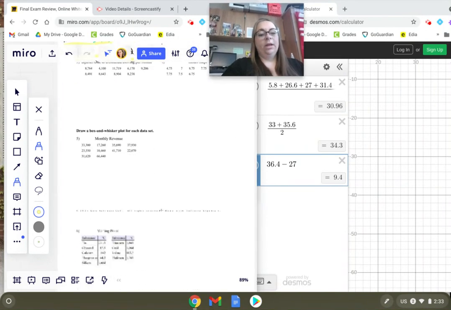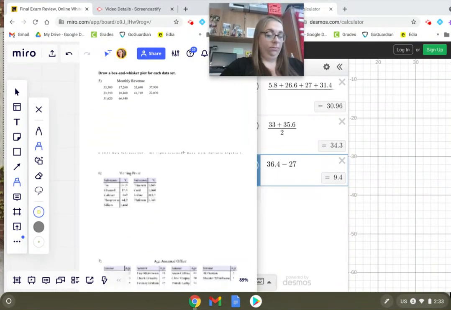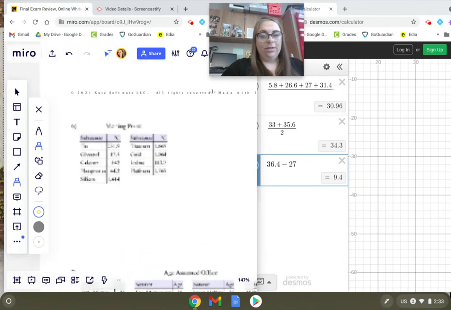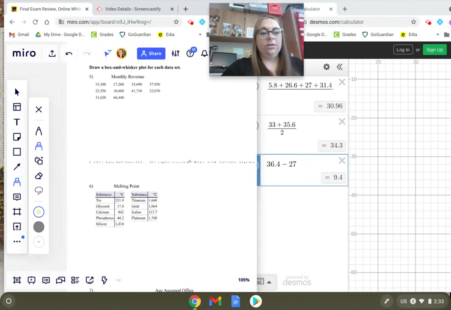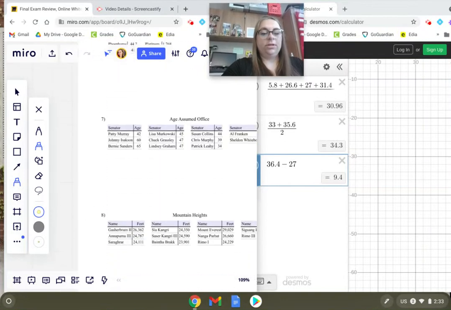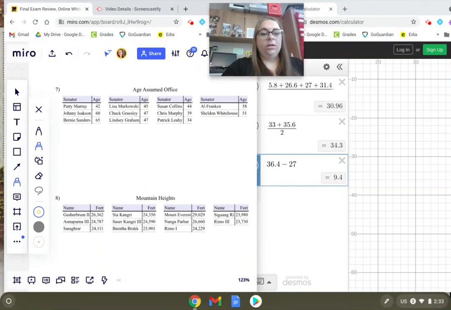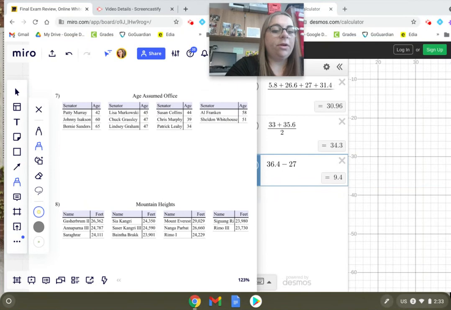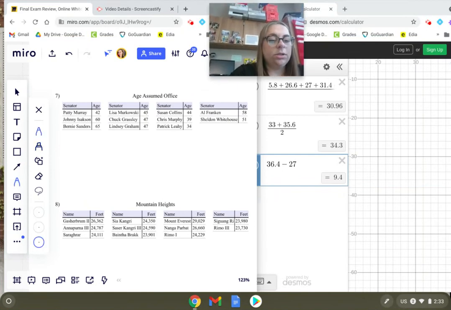All right, now let's go ahead and make a box and whisker plot. So I'm going to pick one with smaller numbers. That way it doesn't take me as long. So let's look at number 7. So again, I want to take these numbers and put them from least to greatest.